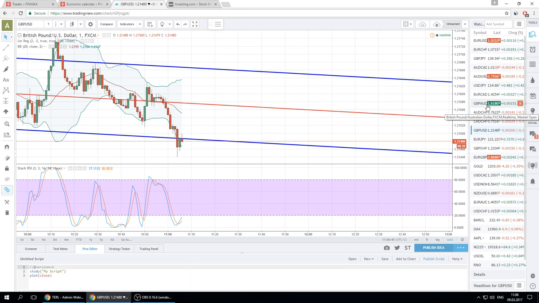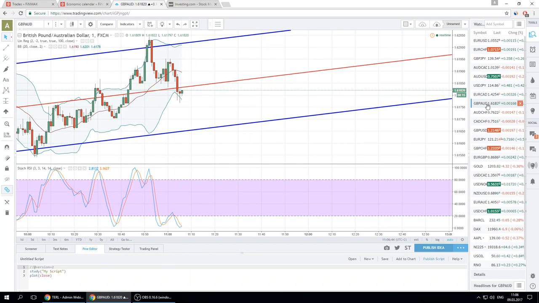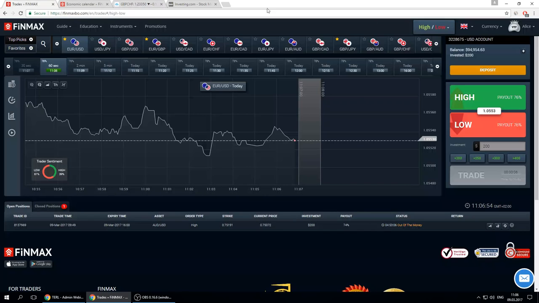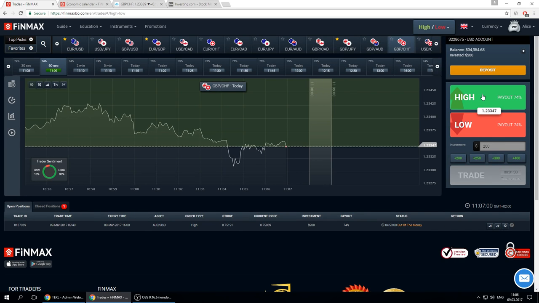Pretty interesting situation here. Let's compare it to what we see. Okay, let's enter GBP CHF for the short term. Start with the minimum.